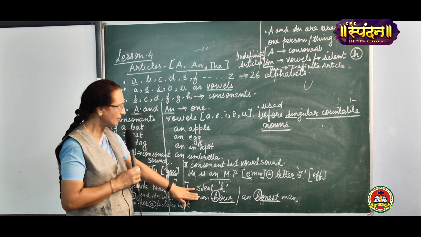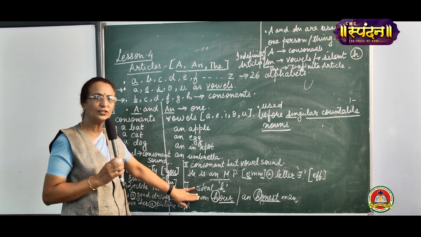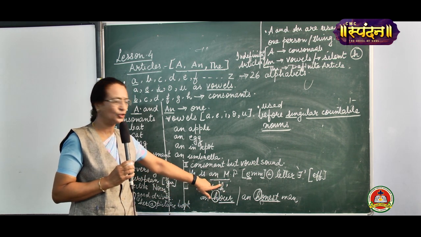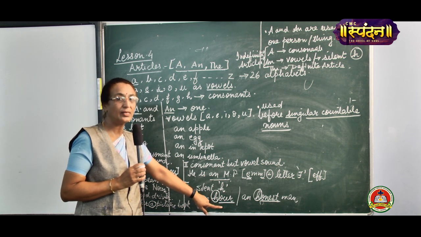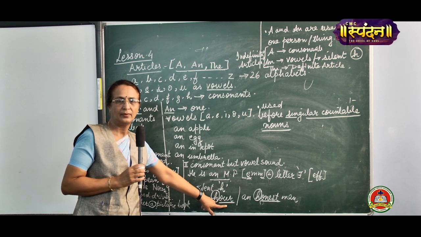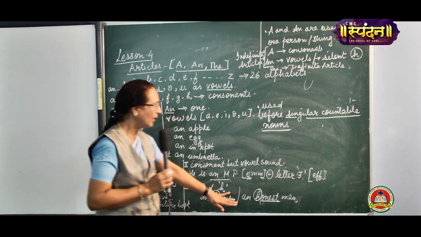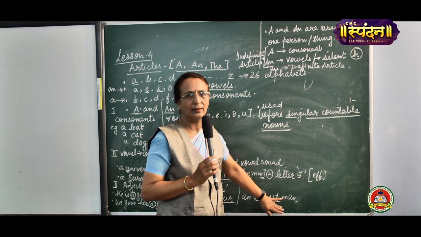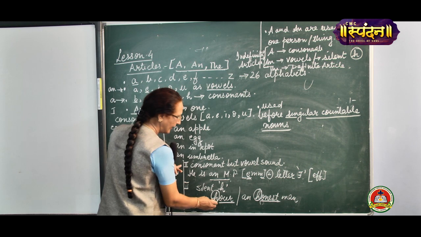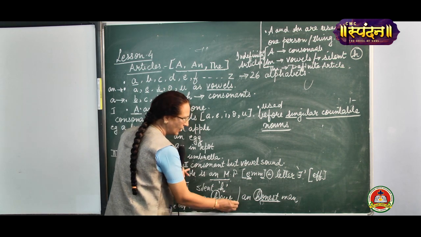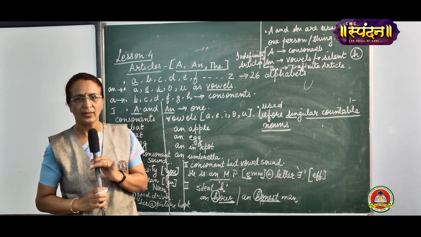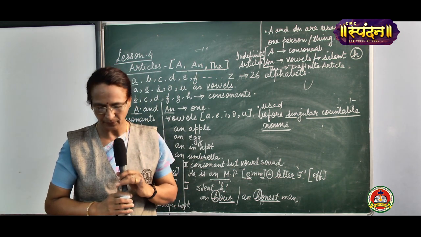So, there are certain words with the H sound where H is silent. You don't say H. However, you don't say H, you say R. O-U-R. Is that clear? An honest man. Again, the H is silent and you are going to say honest here. Children, is that clear to all of you?